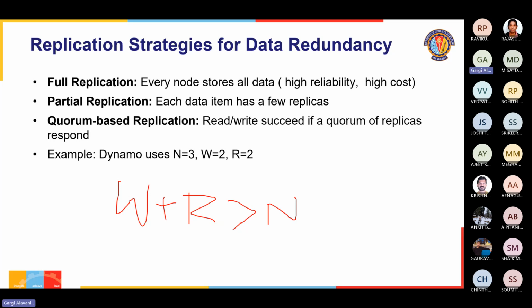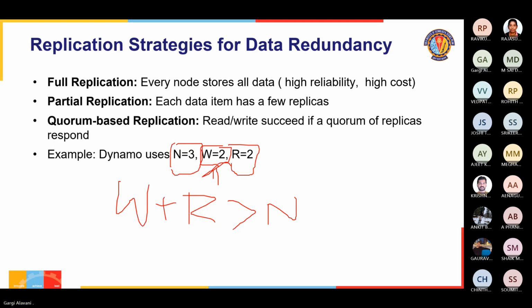Is this clear? In this Dynamo example, you have to ensure that if there is a node failure, at least 2 replicas have the updated write value, or 2 replicas have the updated read value, and the maximum number of replicas for every data item is 3.